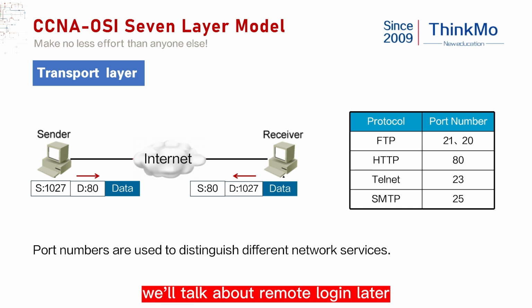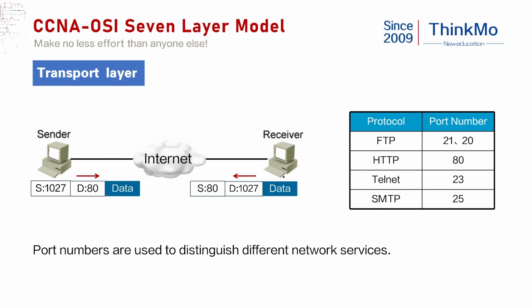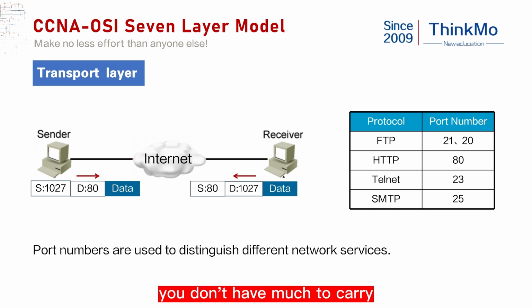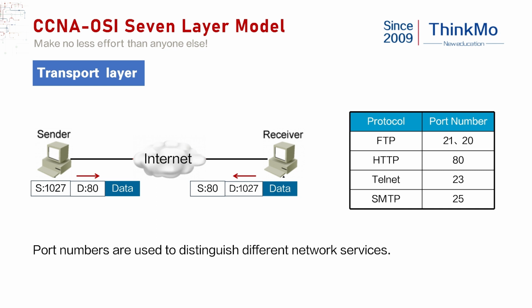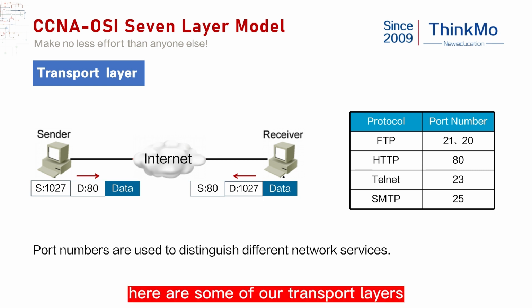We'll talk about remote login later. When we log in remotely using Telnet, we are using port 23. This is what everyone needs to remember. You also need to recite it. Basically, you don't have much to memorize, but there are some things I said that you have to remember. Here are some of our transport layers.